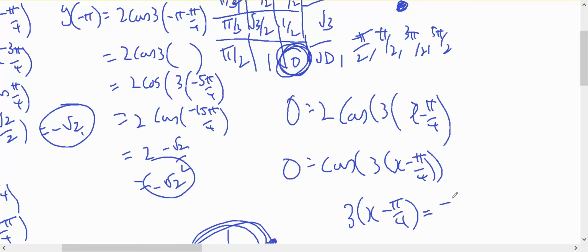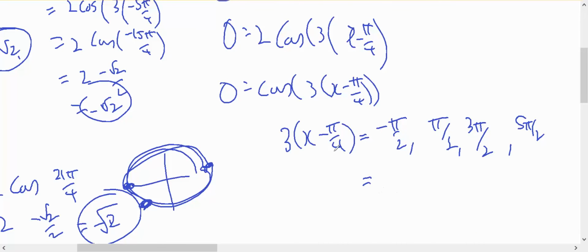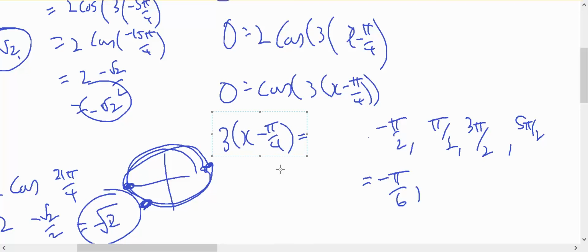So my angle, which is 3x minus pi on 4, equals a range of numbers. So let's say I've got minus pi on 2, I've got pi on 2, I've got 3 pi on 2, and I've got 5 pi on 2. So divide by 3, that's going to give me minus pi on 6. And I might actually go back and include the one before this one as well.